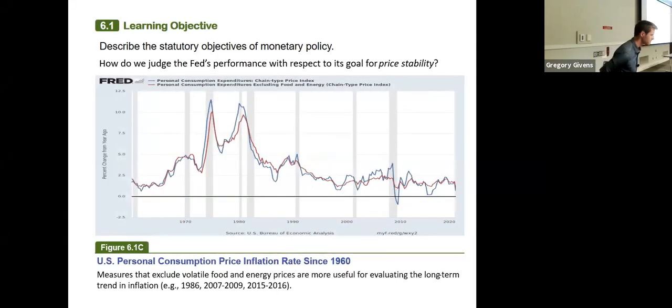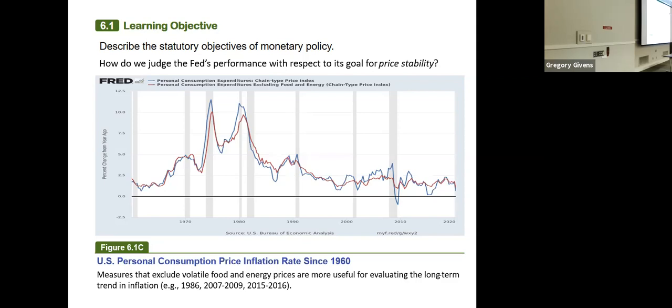Now, with that said, there are many economists and even some policymakers who will admit freely that in practice, the actual measure of inflation that some of these policymakers look at most closely is not the PCE rate of inflation, which is the blue line here from 1960 through 2020, but rather a measure of what's called core inflation.